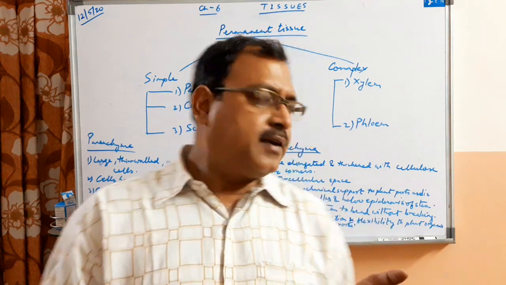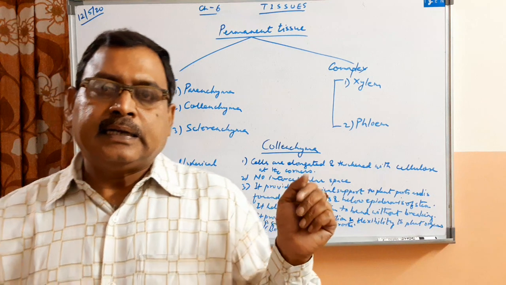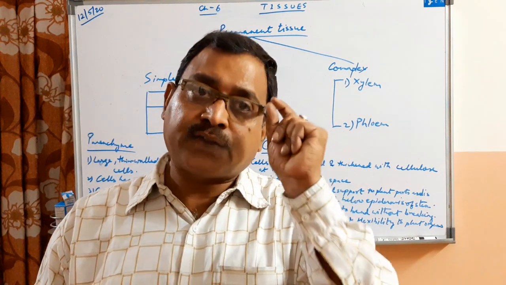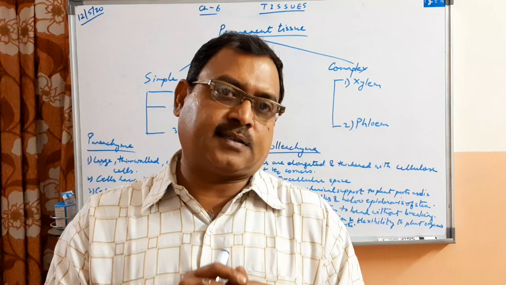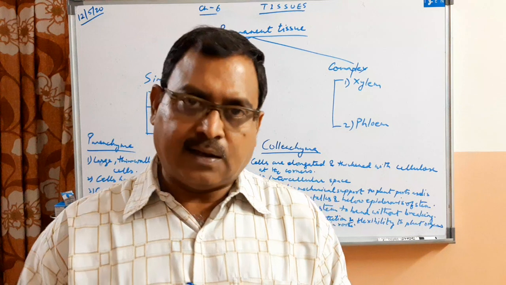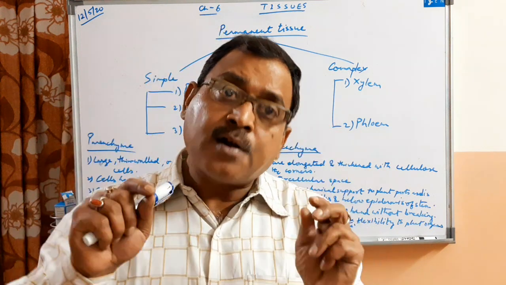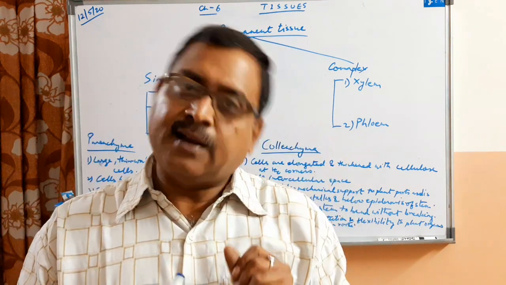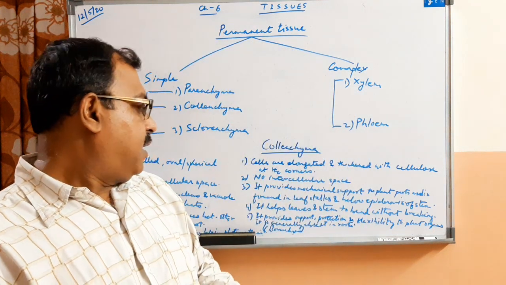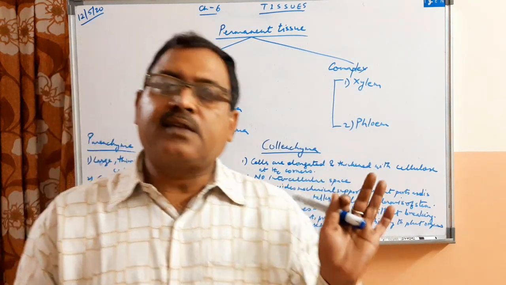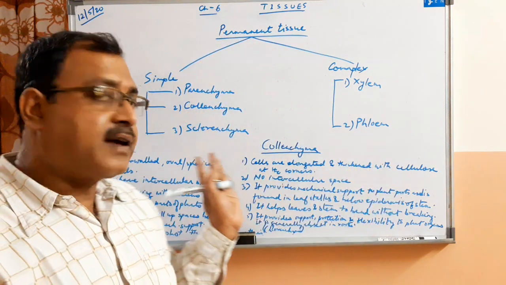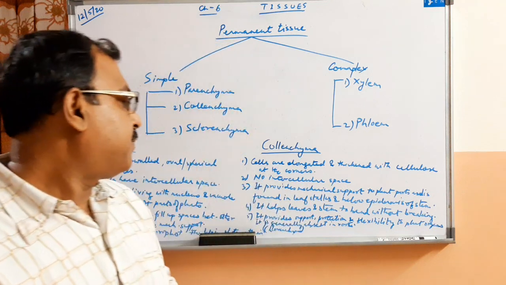On the contrary, in collenchyma, the cells are thickened by deposition of cellulose at the corners. All around the cell there is definitely cell wall, but around the corners they are thicker. Clear? By deposition of more and more cellulose. There is no intercellular space in collenchyma. This is also a difference, whereas in parenchyma there was intercellular space.